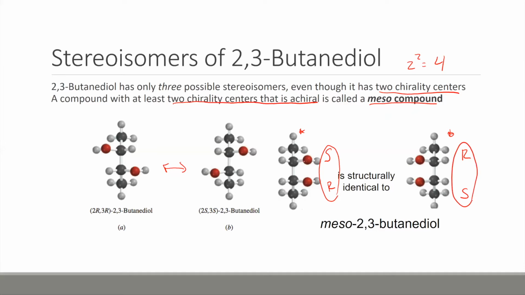So even though we have changed the chirality center, this is an S and this is an R, and this one is an R and this is an S, the total molecule ends up being superimposable on each other, making it so that there are not 2 different isomers here, but we just call this one isomer, one achiral isomer that will be called meso 2,3-butanediol.